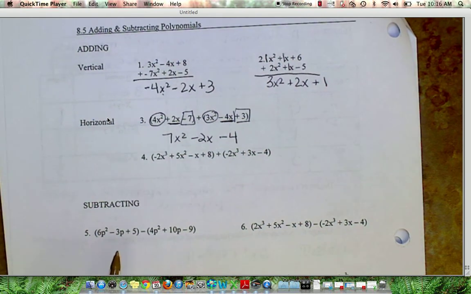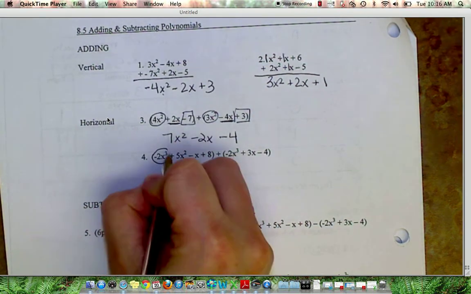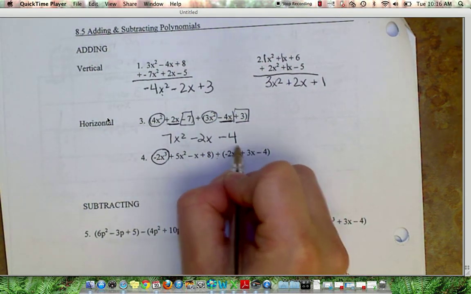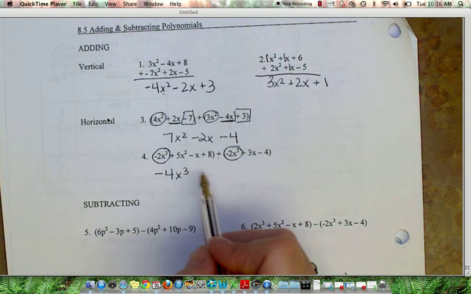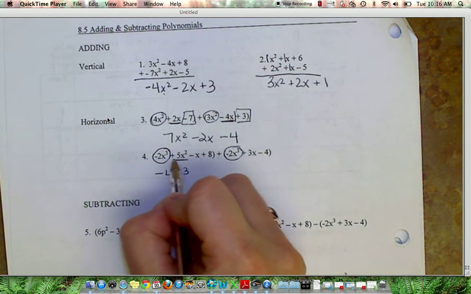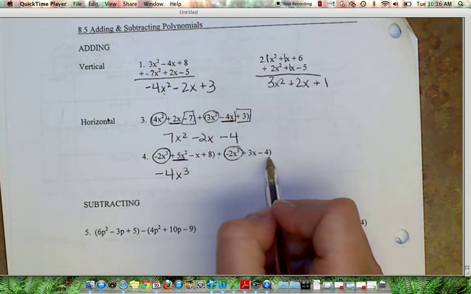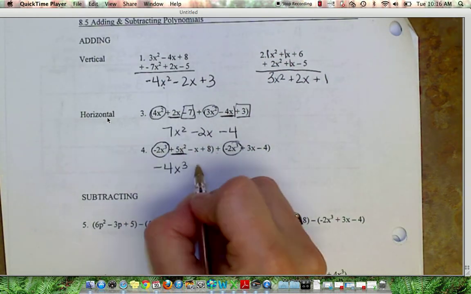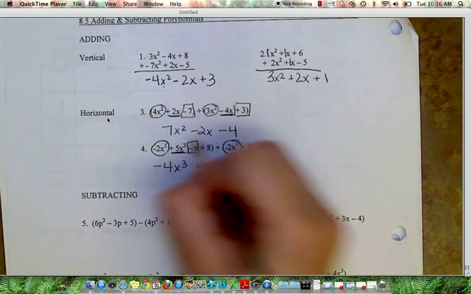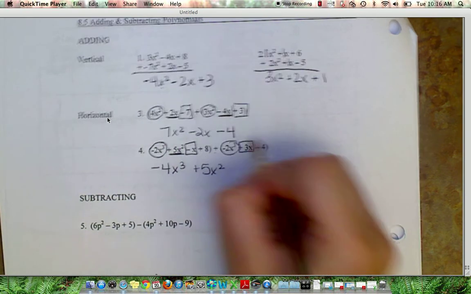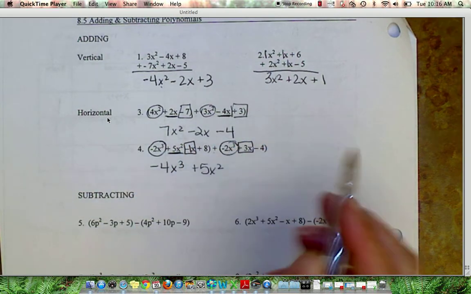Same thing here. So we've got negative 2x cubed plus a negative 2x cubed would be a negative 4x cubed. The exponent does not change. 5x squared. There's no x squareds over here, so that will just come down. Then we've got negative x and positive 3x. Remember, that's negative 1x.